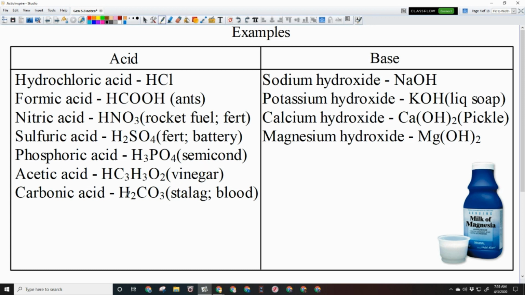And carbonic acid, this is the main component in limestone rocks. The limestone that's in the ground is dissolved by carbonic acid. Then this will drip through the layers of the earth.